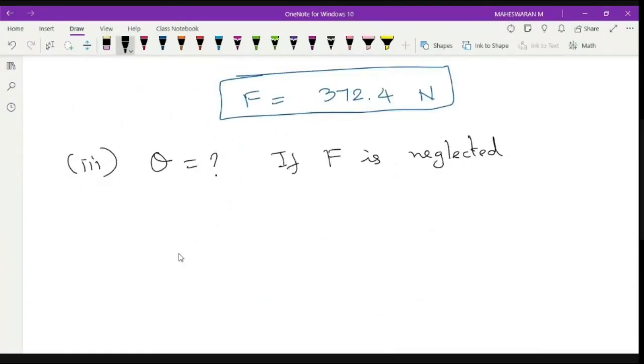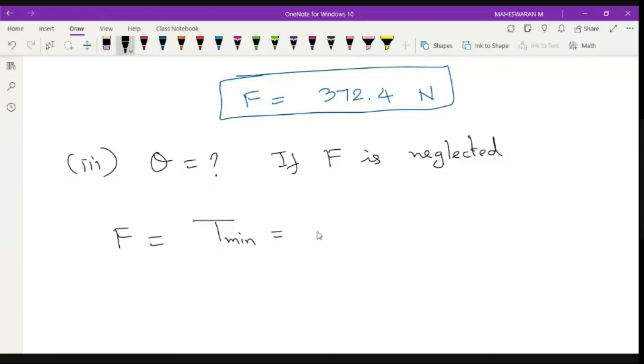So here there is one problem. I have to identify what is my T min. When I say T min is neglected, F is T min. If I say neglected, I can't put 0. If I put 0, it goes to infinite. So I will consider a very, very small value.